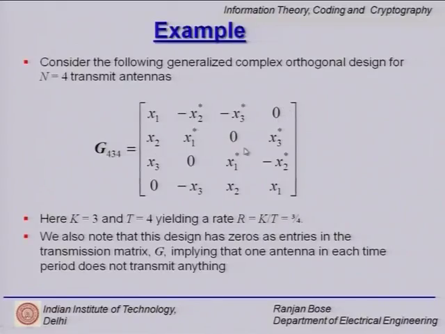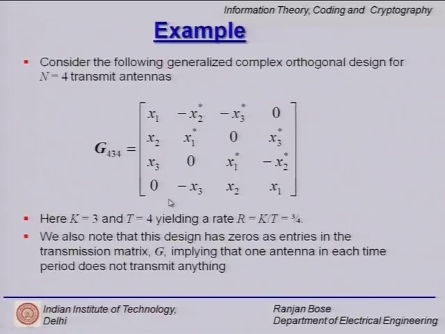In the next time slot antenna 1, antenna 2 and antenna 4 are firing, but antenna number 3 is silent. Similarly, antenna number 2 does not emit anything, and in the last time slot the first antenna element does not radiate anything. So in every time slot one of the antenna elements is silent, right?